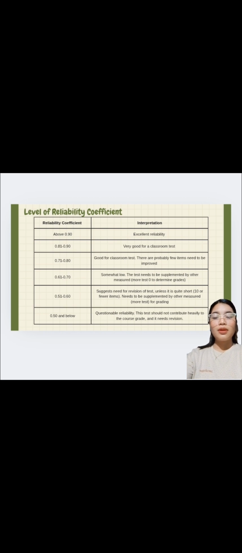It needs to be supplemented by other measures or more tests for grading. 0.50 and below, the interpretation is questionable reliability. This test should not contribute heavily to the course grade, and it needs revision.